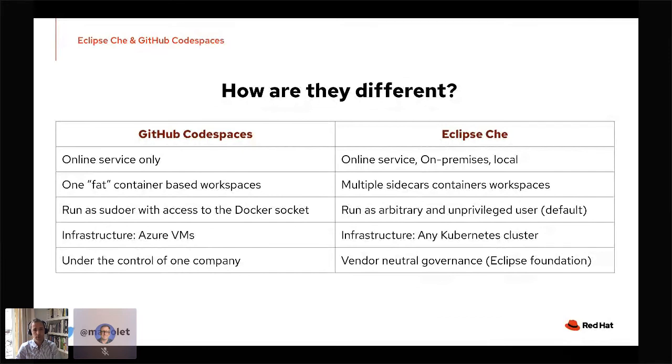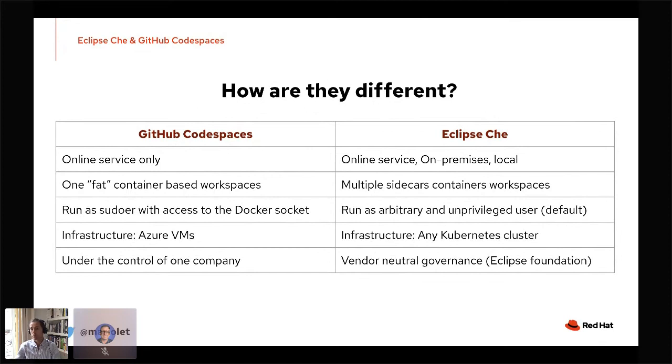The last difference is that GitHub Codespaces is under the control of one company. Visual Studio Code is open source. There are some components that are open source, but even if they are open source, they are not vendor neutral. There is still the Git repository, and everything is controlled by one company. On the other hand, Eclipse Che is vendor neutral.